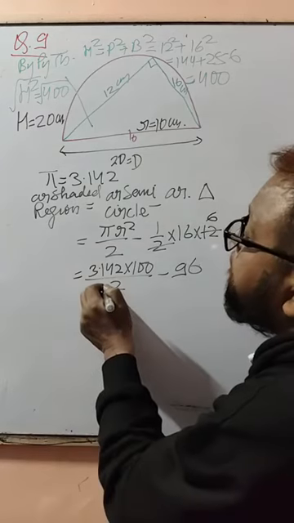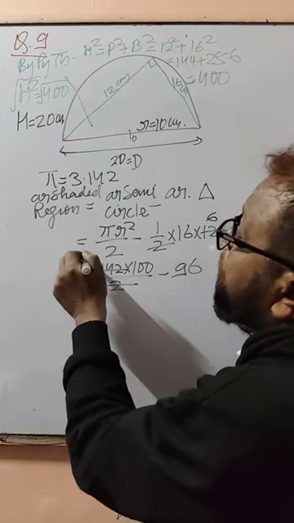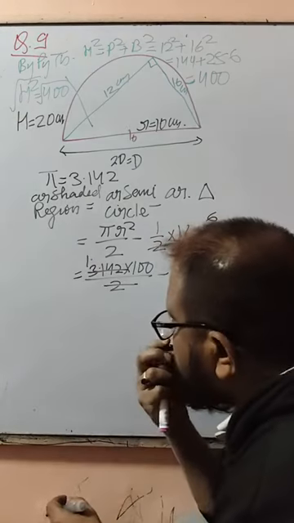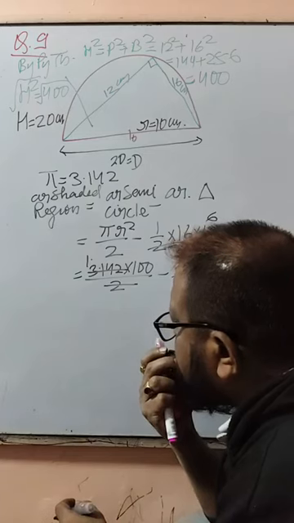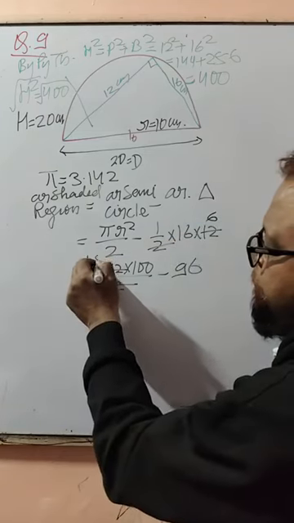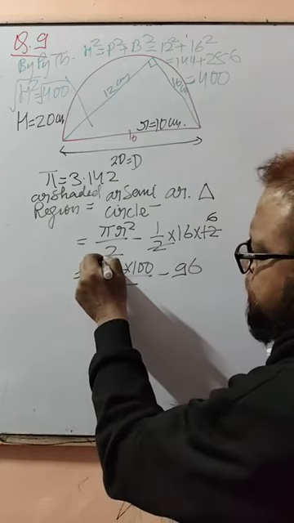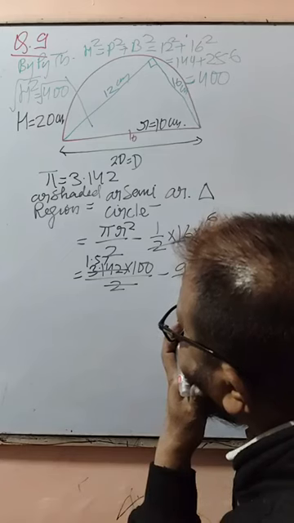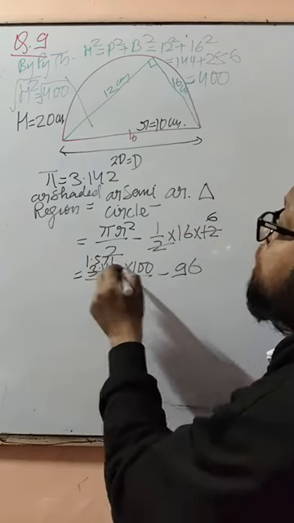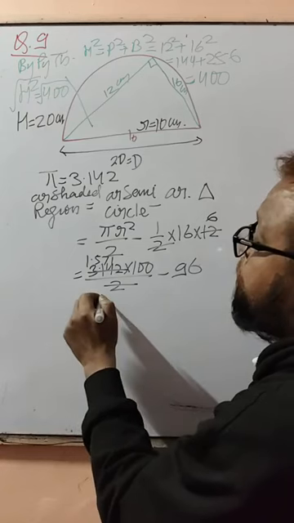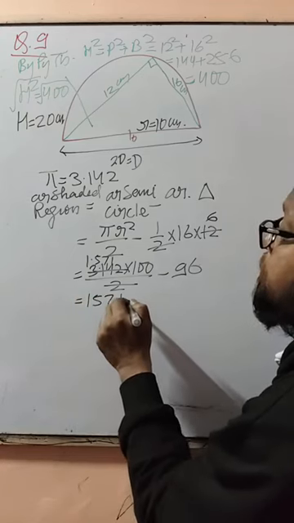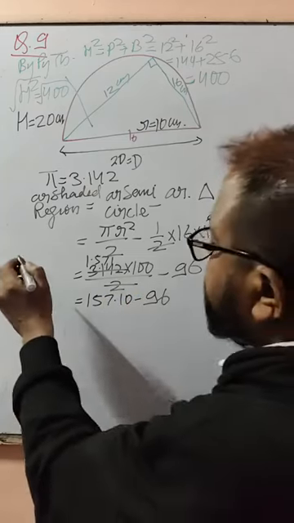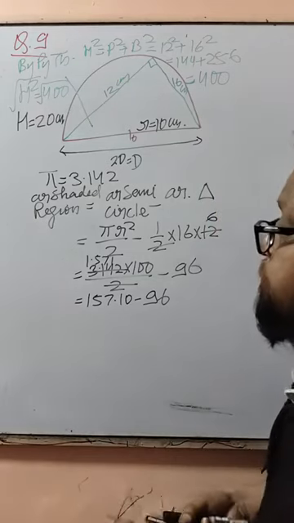So how much you get? 1.571 multiplied by 100, 157.1. Minus 96. How much you get? 61.